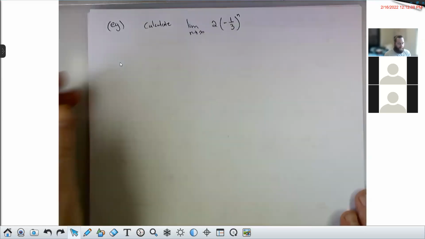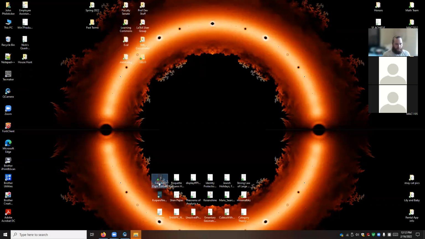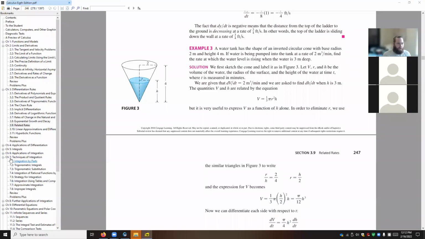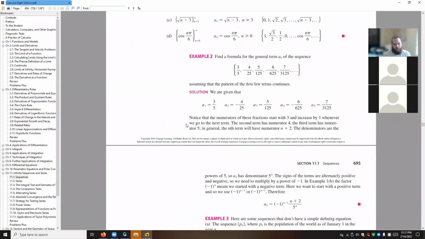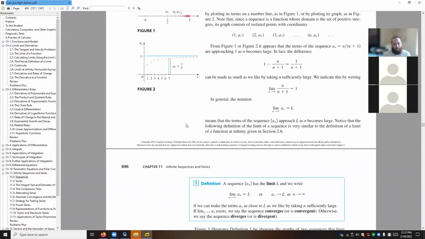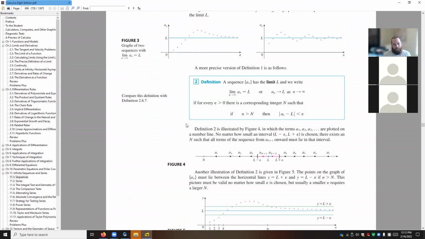This section 11.1 has a lot of theorems. If you haven't looked at it in the textbook, I want to strongly encourage you to do that. But yeah, lots. So definition of a limit, of course.